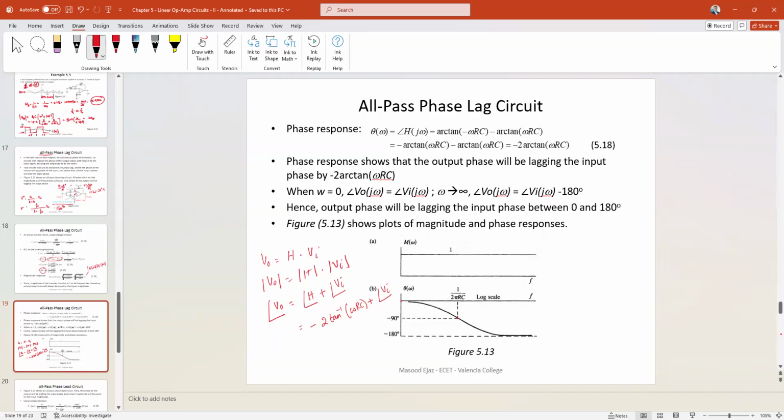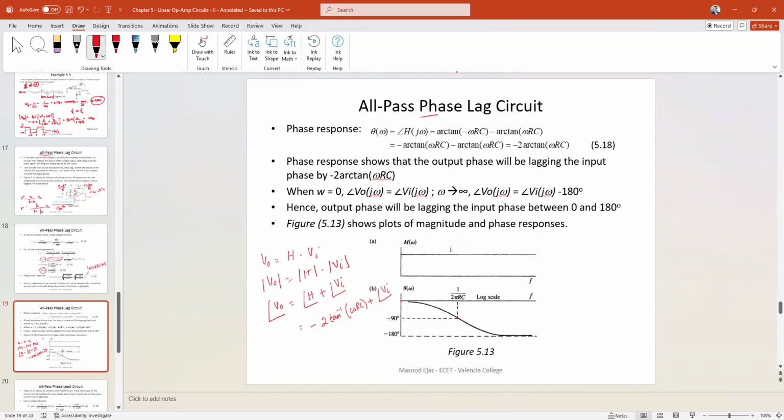So this means that the output phase is equal to the input phase plus the phase of the transfer function, and the phase of the transfer function is changing between 0 and -180, which shows that the output will always be lagging the input as far as phase is concerned, between 0 degrees and -180 degrees.